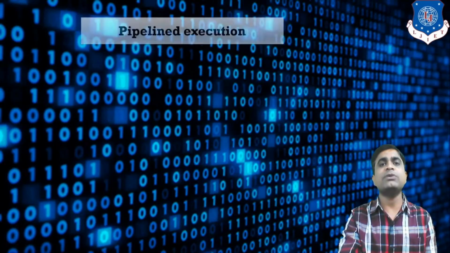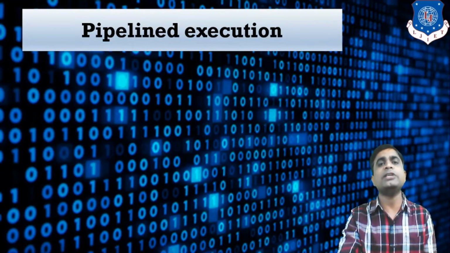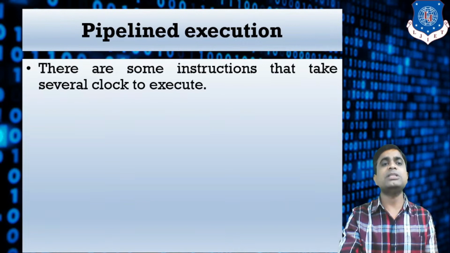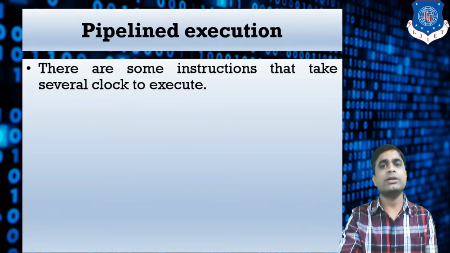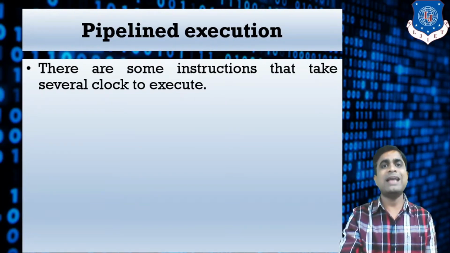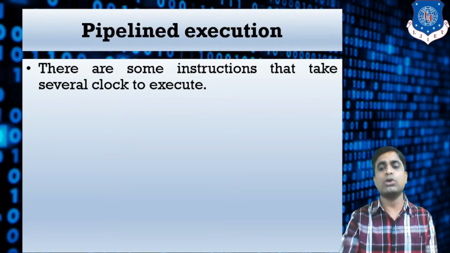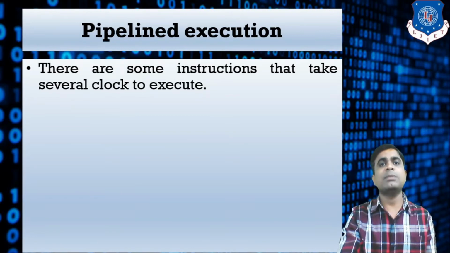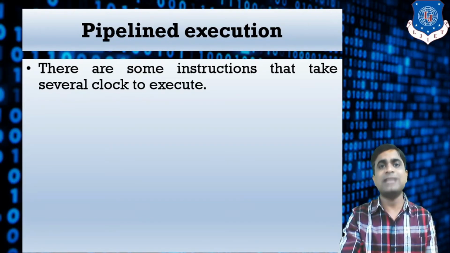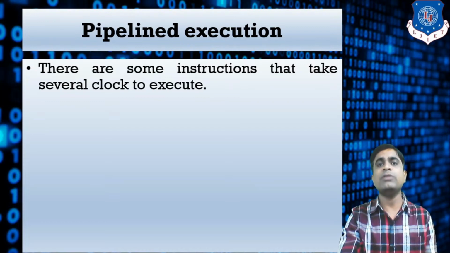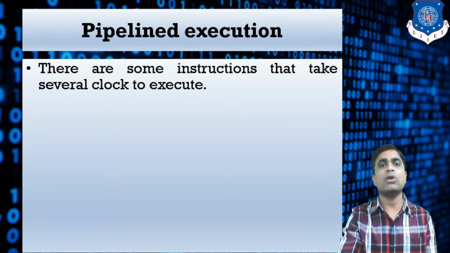Now let's understand how pipeline execution is possible. There are some instructions that take several clocks to execute. As I told you, if some dependency is there, it will require more clock cycles, because the preceding instruction has not completed its task and has not written its data. So how will the next instruction be processed? It requires more than one clock.